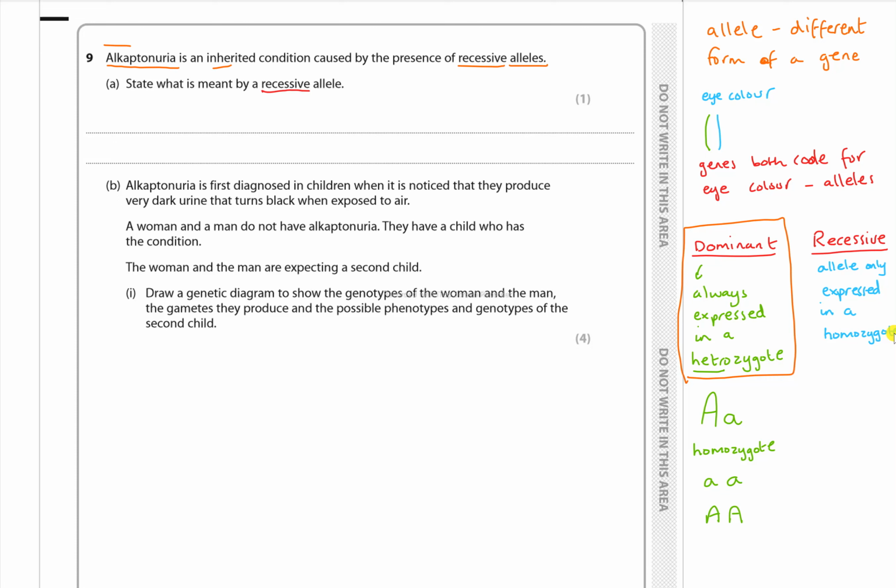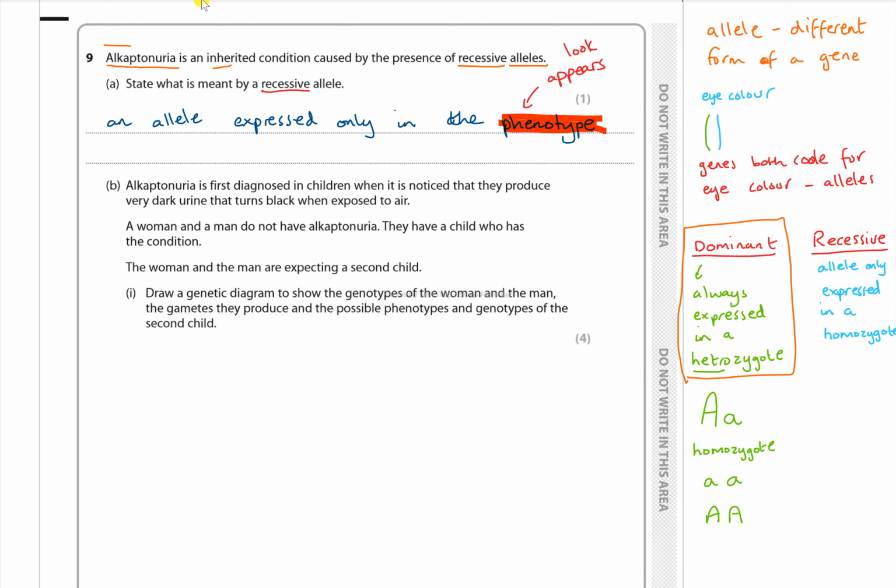So what I'm going to do is write the official version, right? An allele expressed only in the phenotype. Right, remember what we said about phenotype? We said that's how it appears, how it looks.